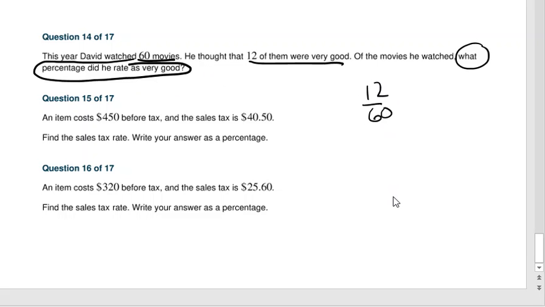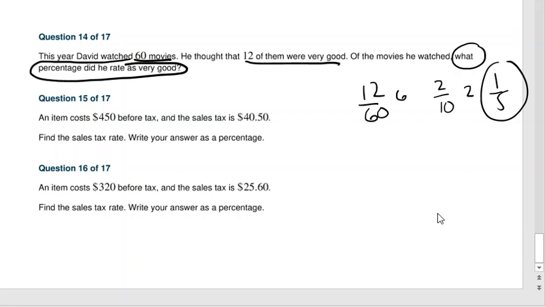If we go ahead and simplify this, 6 goes into 12 twice, 6 goes into 60 10 times. Oh, this simplifies even further. 2 goes into 2 once, 2 goes into 10 5 times. So we have a fraction of 1/5.